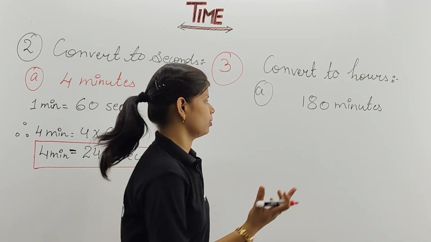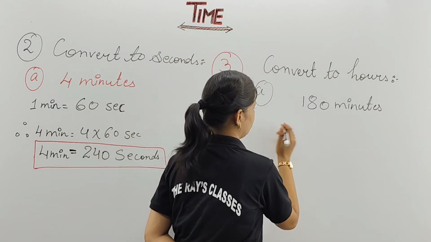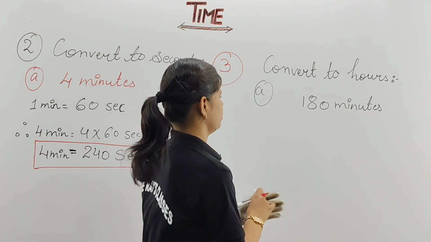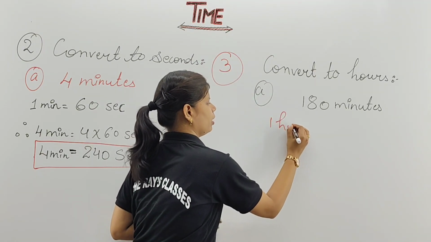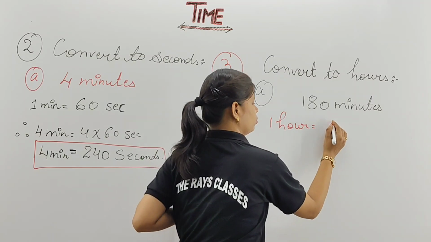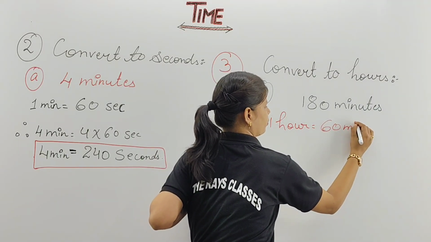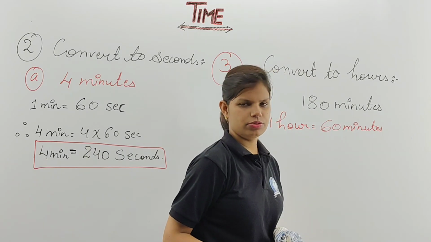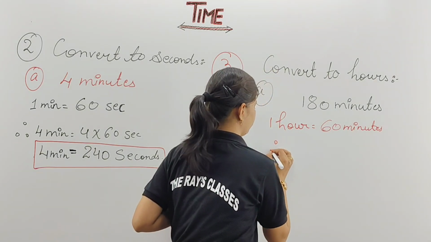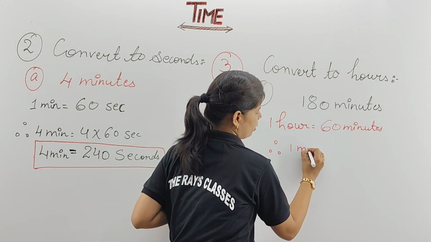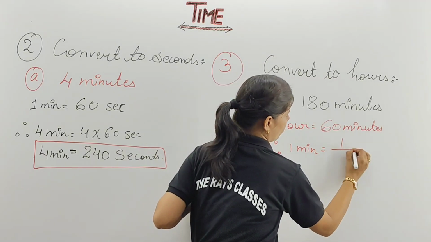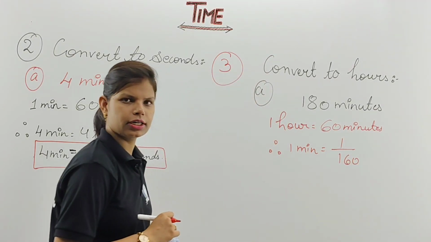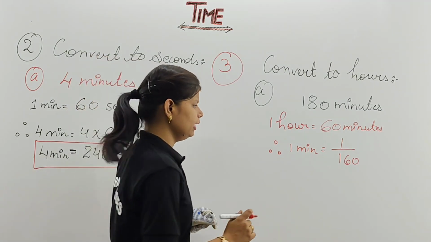Can you guess? Okay. So you know already, 1 hour equal to 60 minutes. Therefore, 1 minute equal to 1 upon 60. Clear? Do you get that?